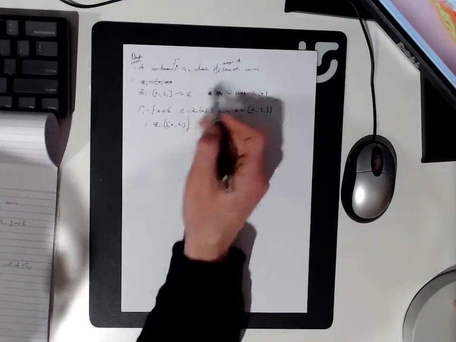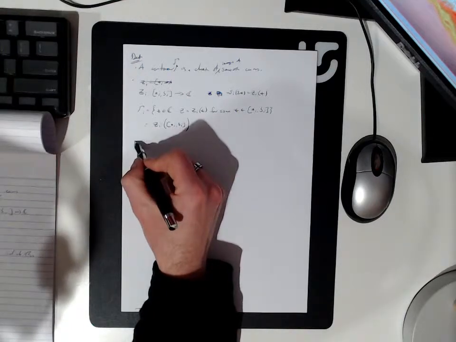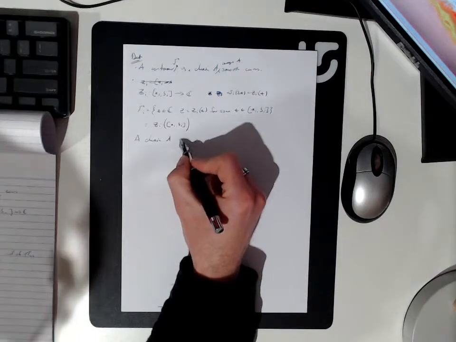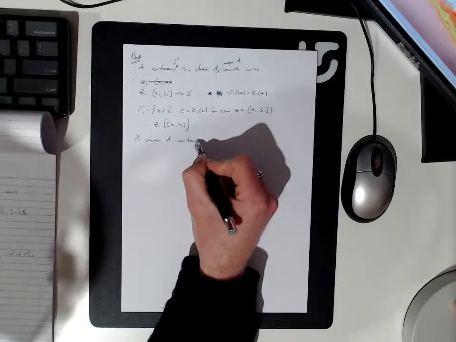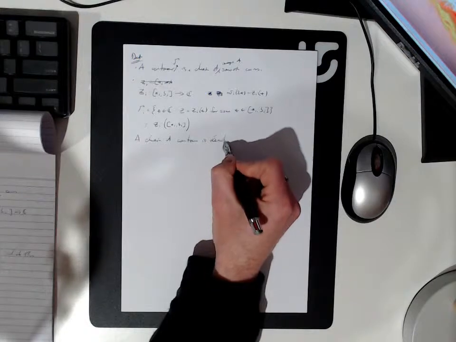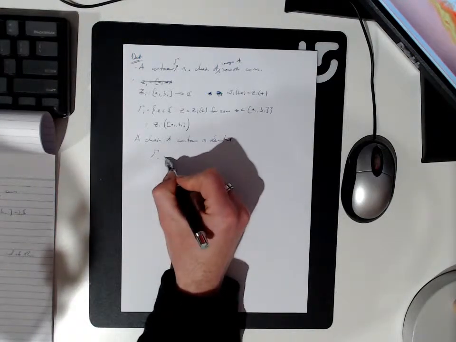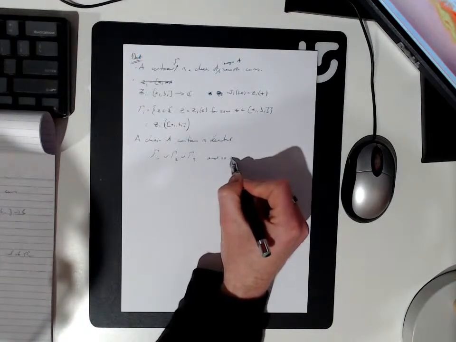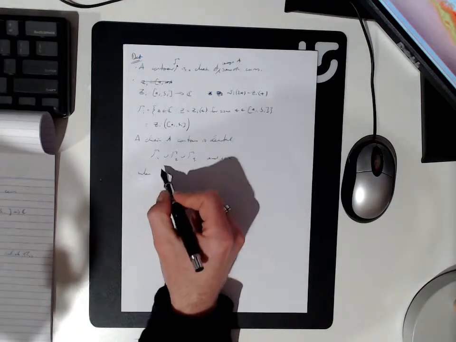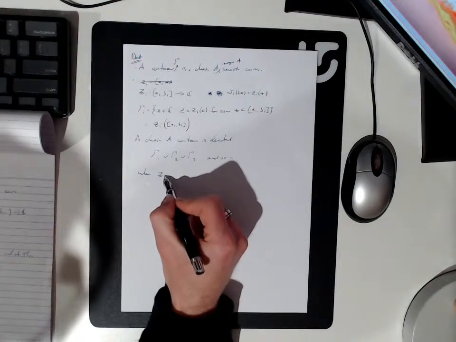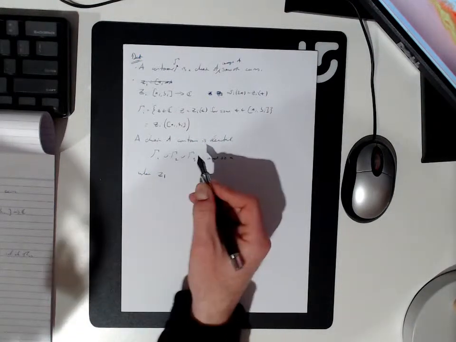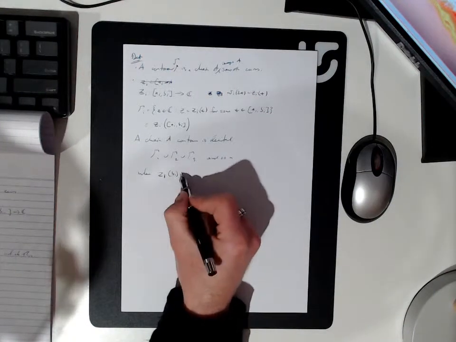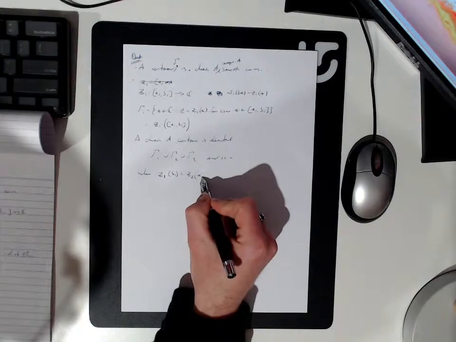But it's a chain. So a chain of contours is denoted gamma_1 union gamma_2 union gamma_3, and so on, where z_1, the curve that defines gamma_1, b_1, the end of z_1, is equal to the beginning of z_2.